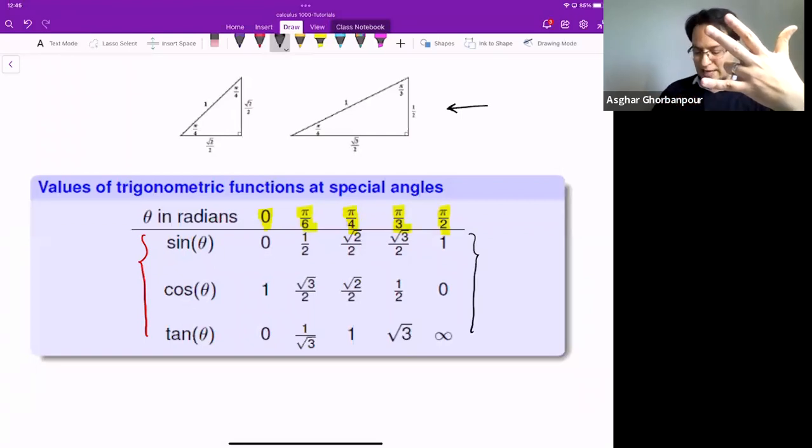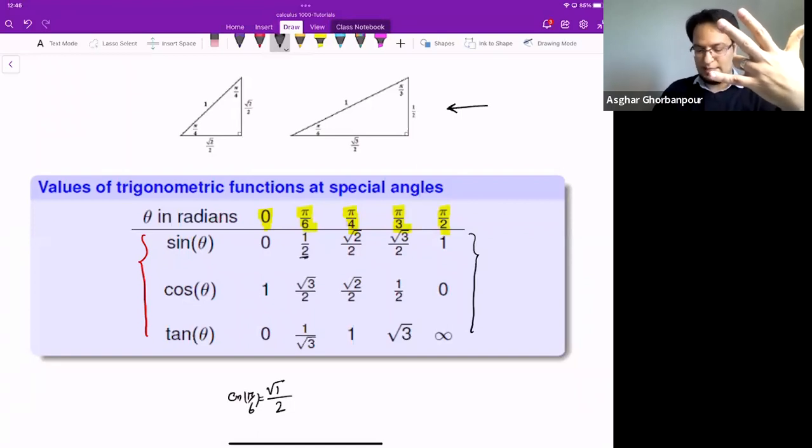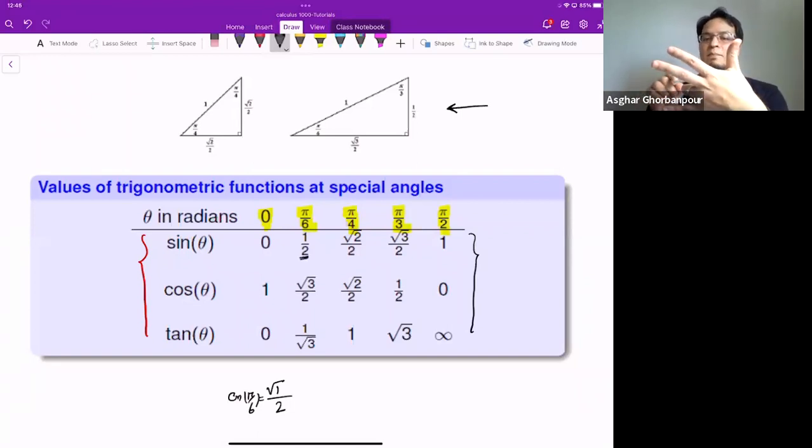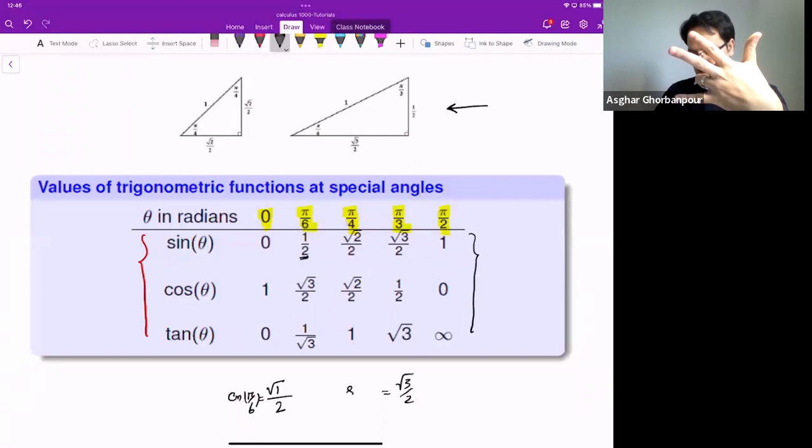Find the square root of that. So square root of 1 divided by 2. That is cosine of pi over 6. And you can check it in this table. It's 1 over 2. This guy. The number of fingers up here, root of that divided by 2 is sine.